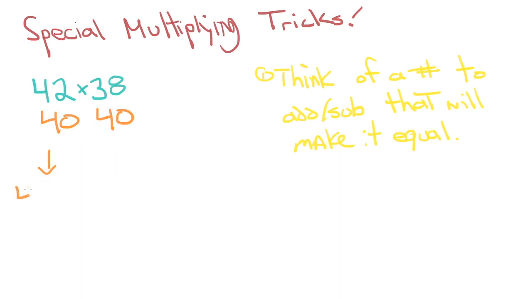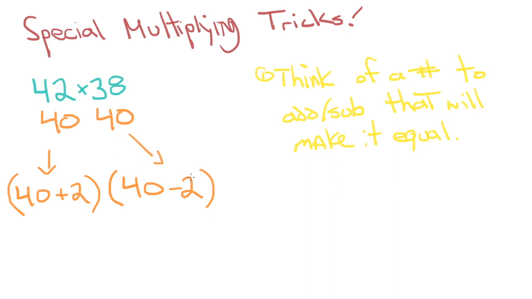What is 42 if I was using 40? It would be 40 plus 2. Is 40 plus 2 still 42? It absolutely is. And what would this be if I wanted to use 40, but still have 38? I'd have to subtract 2. Is that still 38? It is. So these are the same now, aren't they? Yeah? But I'm using 40s.